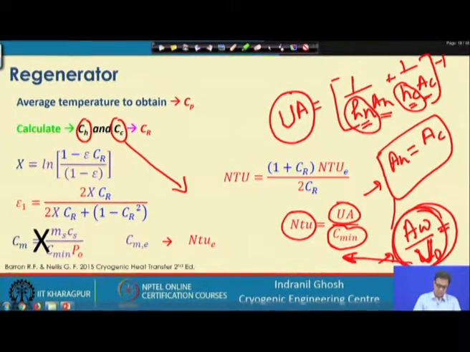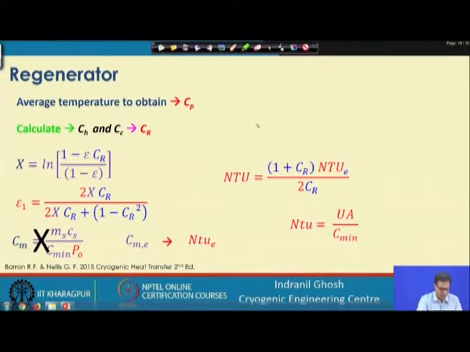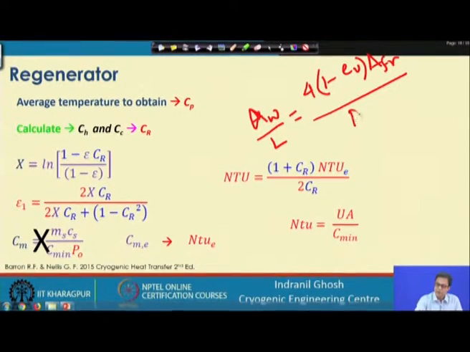Particularly for this problem, for a wire screen type matrix, AW by L is equal to 4 times 1 minus EV, multiplied by the frontal area, divided by dW. What is this dW? dW is the diameter of the wire screen.